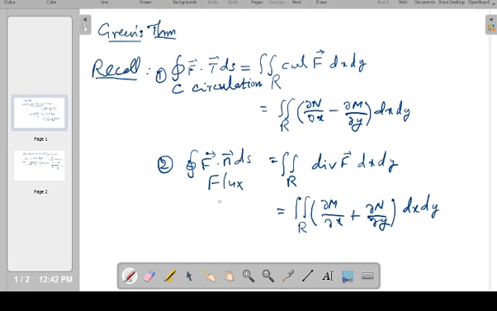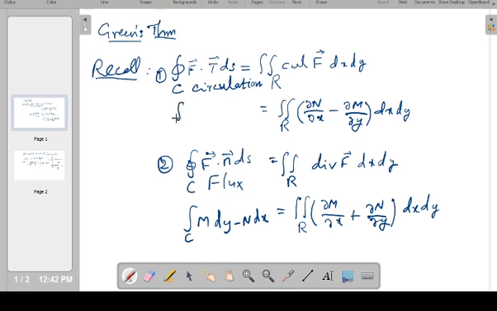Flux is M dy minus N dx. And what is circulation? Let us recall that also.